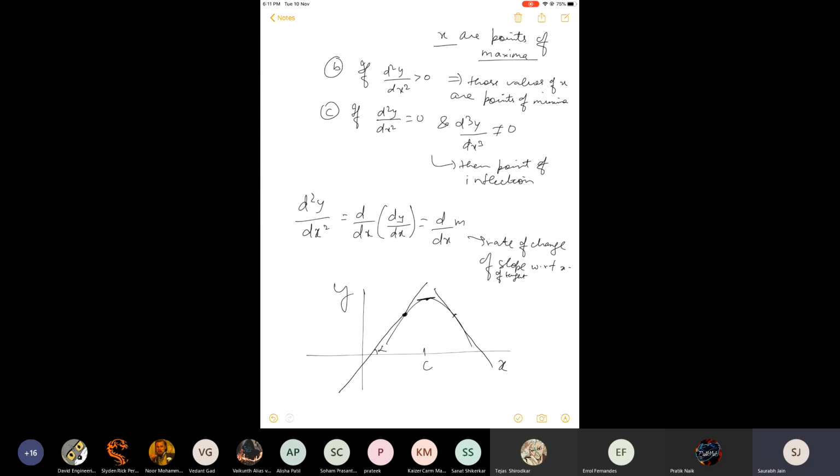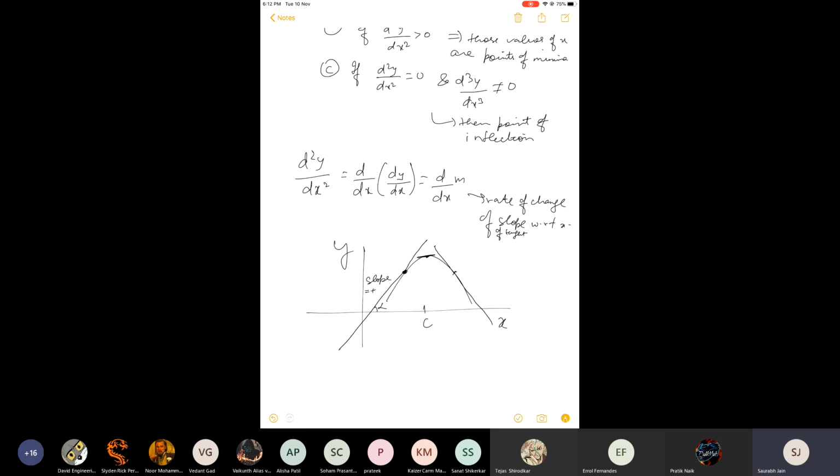That is what I'm explaining here. What happens? The slope is positive on this side and the slope is negative on this side. When we move from left to right, do you remember we always move from left to right on the x-axis, never from right to left, from smaller to higher number. So now what is happening?